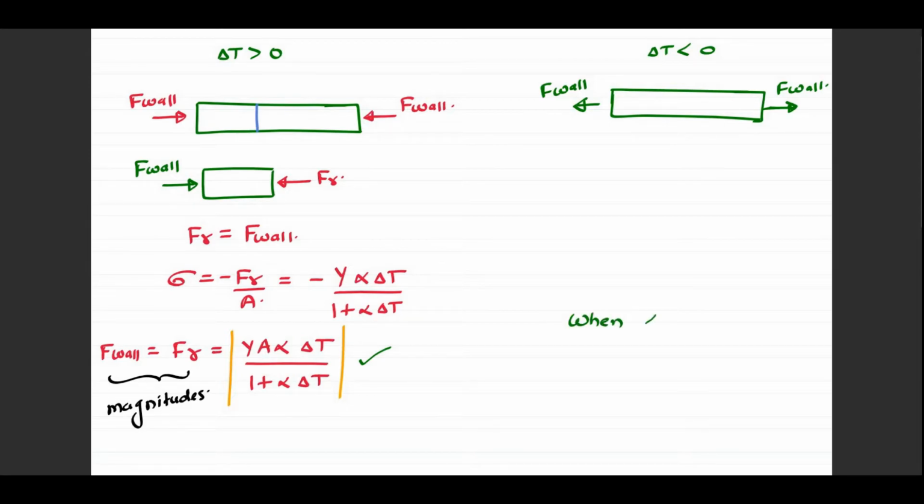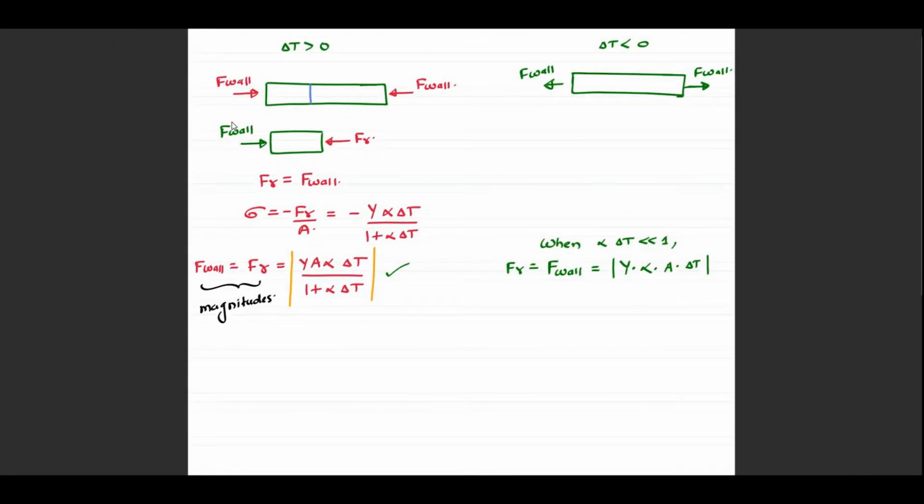When alpha delta T is much less than 1, this will be the result, right? We can utilize this factor. Okay, fine.